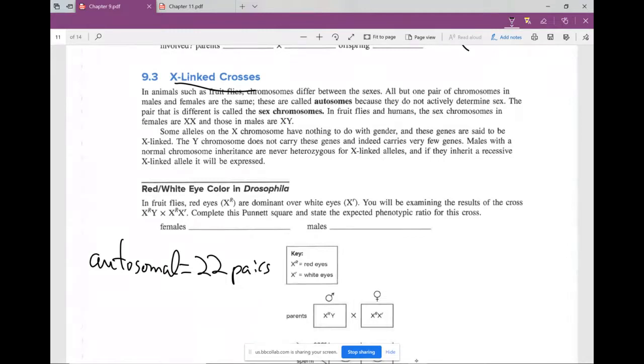And the sex chromosomes, you have one pair. So you have 23 pairs of chromosomes altogether, and one pair are sex chromosomes. That's the X or the Y chromosome. And the rest are autosomal chromosomes. They have nothing to do with sexual expression.